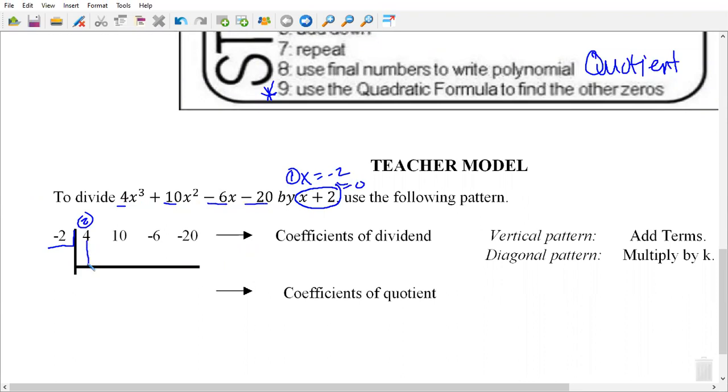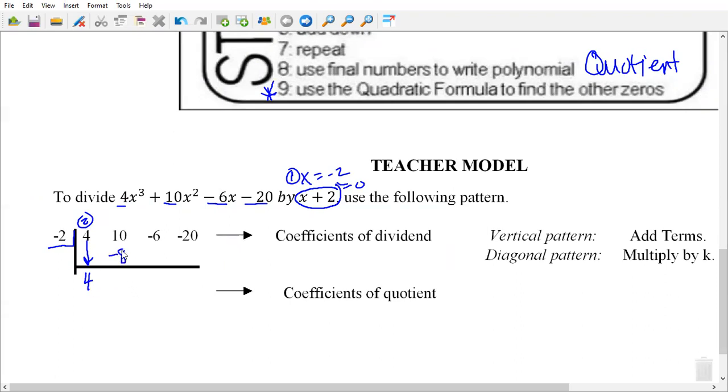Step 3 is to bring down your first coefficient. And then step 4 is we're going to start the process of multiplying, writing the product, adding. Multiply, write the product, add. So we have -2 times 4 is -8.